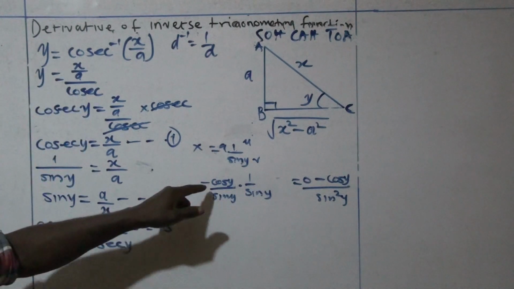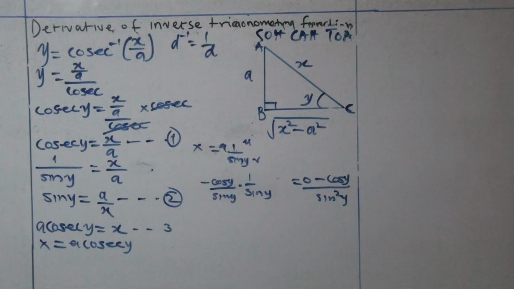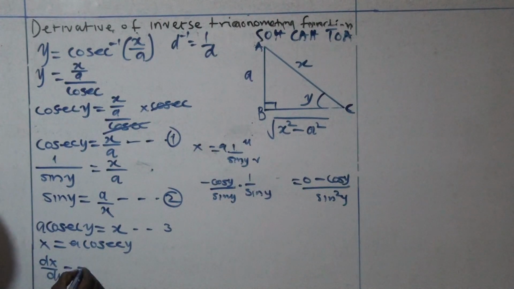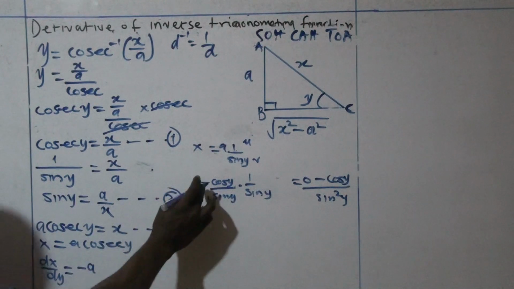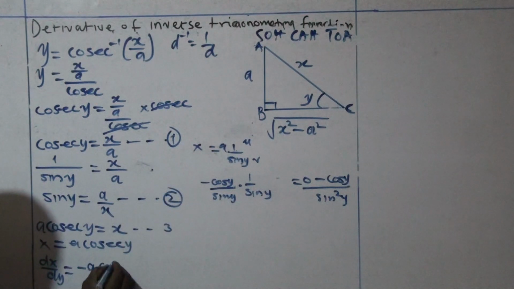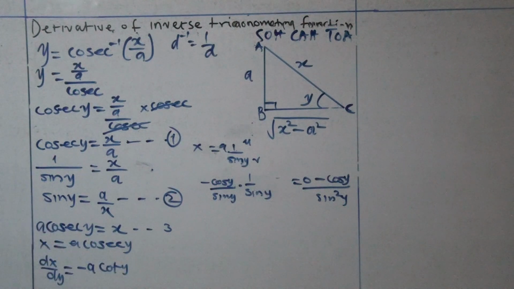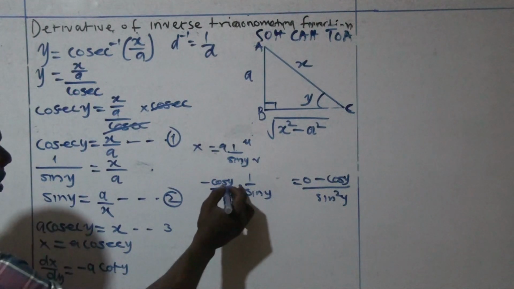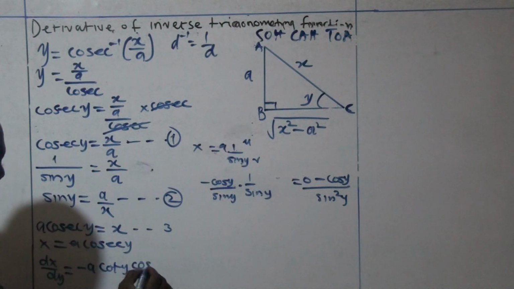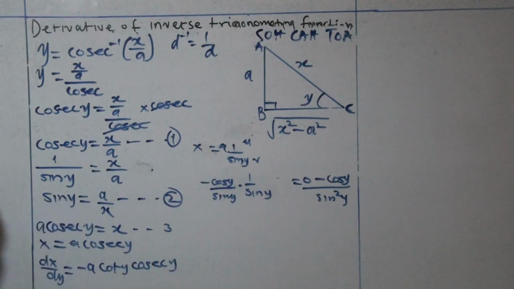So if we differentiate this expression, our answer, dx over dy, becomes minus a cot y, times cosec y. That will be our expression.